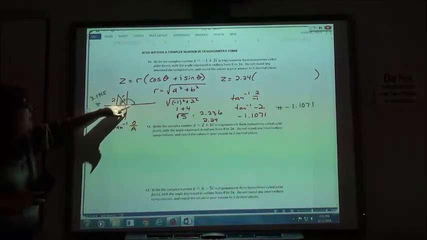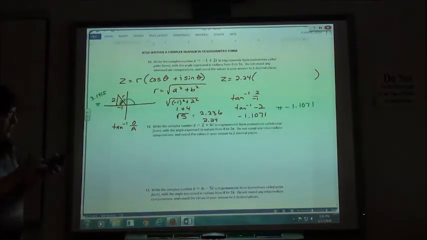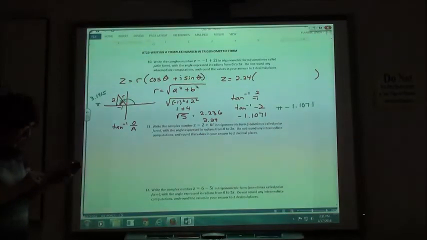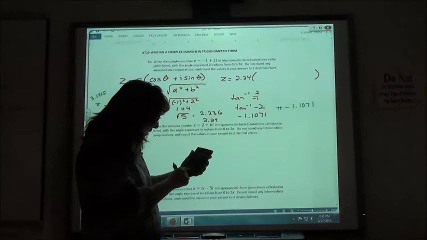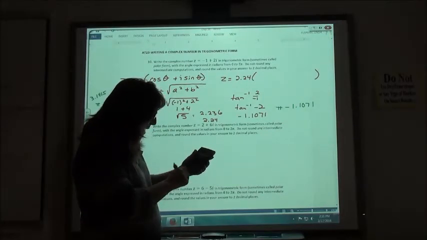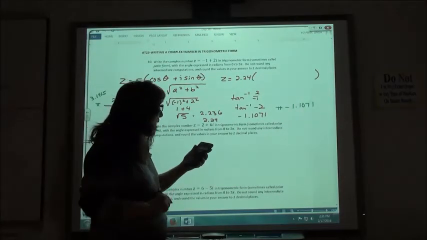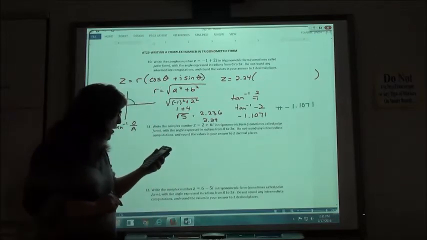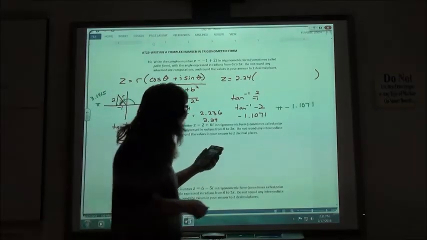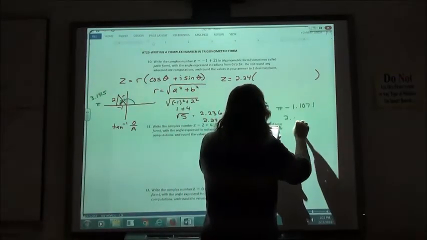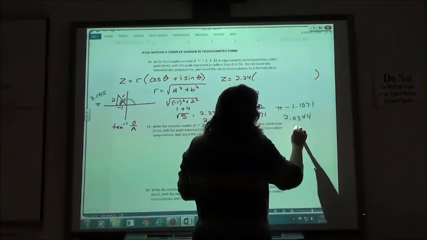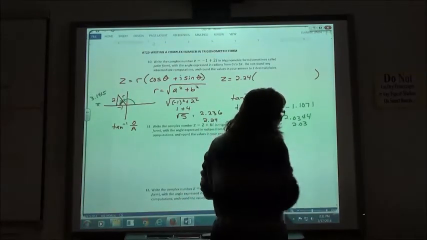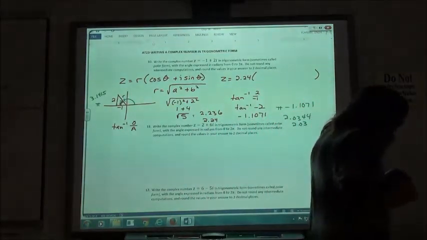I'm trying to find the angle from here to here. On my calculator, I have a pi button. It's in yellow. So I'm going to hit shift, pi, and then subtract my 1.1071. And so now I get 2.0344. I'm going to round that off to the nearest hundredth, so 2.03 is what I'm going to use for my angle.